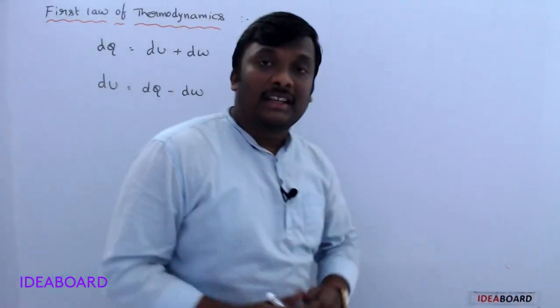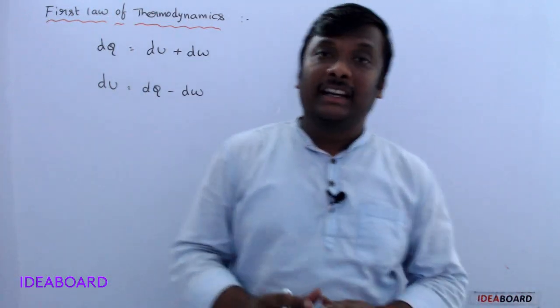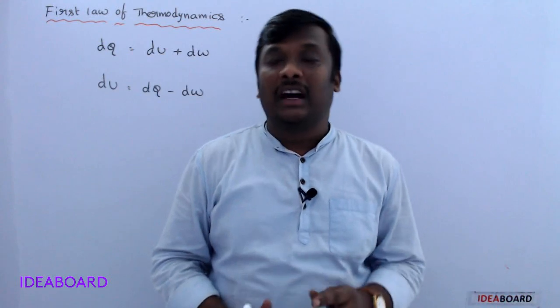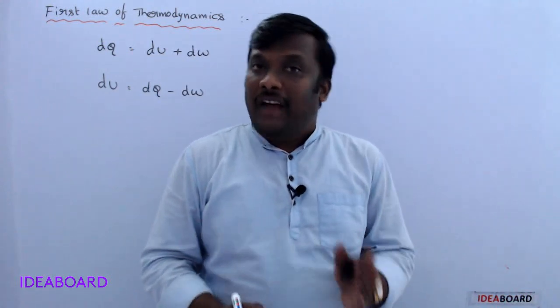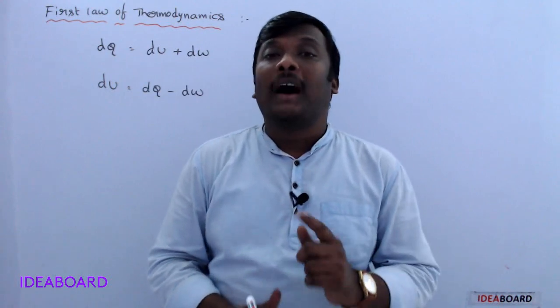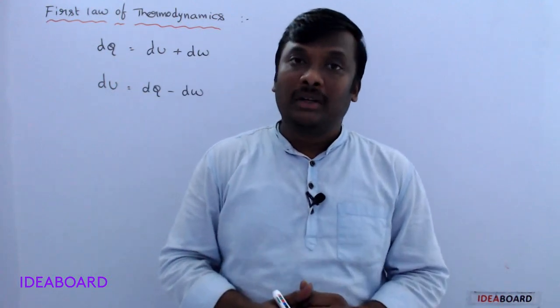Okay, in the previous section we discussed the internal energy. Internal energy is a state variable. It always depends on the initial and final states of the system, but it is independent of the path followed. Remember?